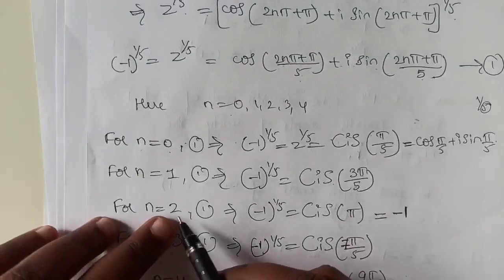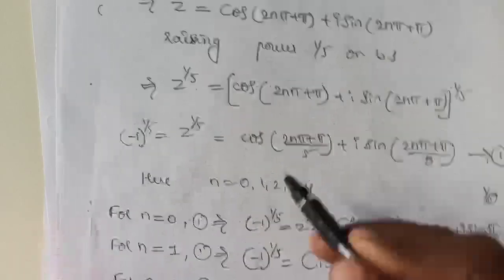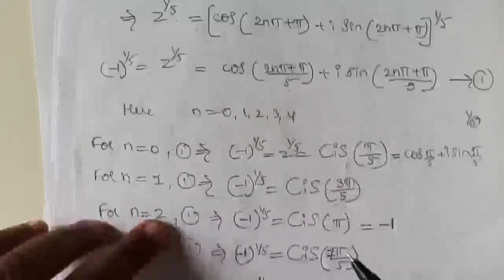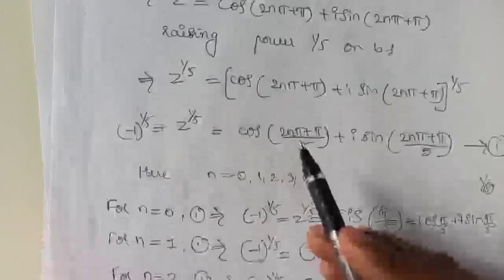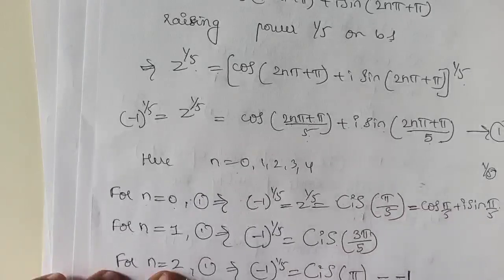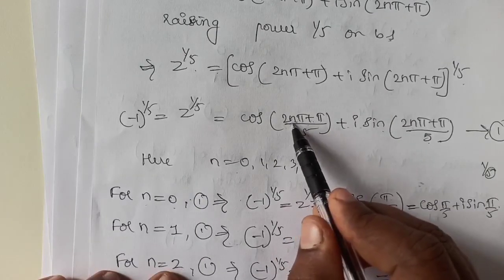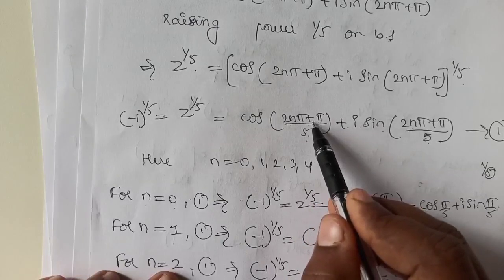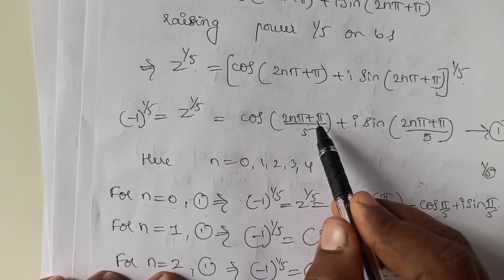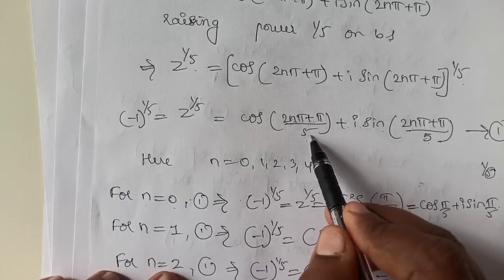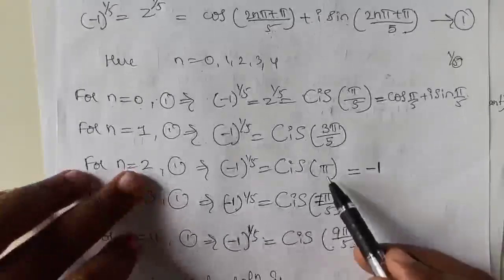Similarly, on substituting n equals 2, we get 2 into 2 equals 4, 4π plus π equals 5π divided by 5, the 5 cancels. We get π only.